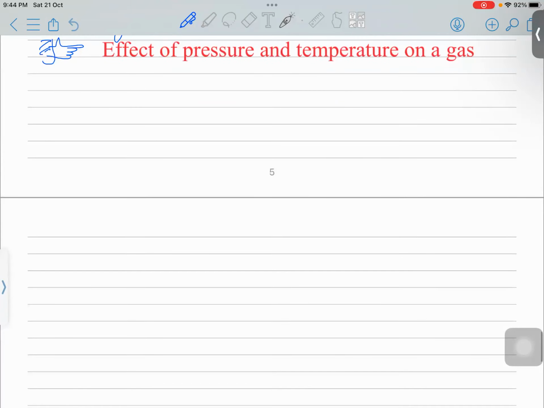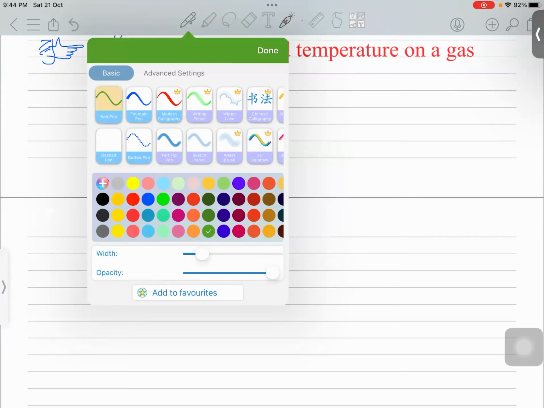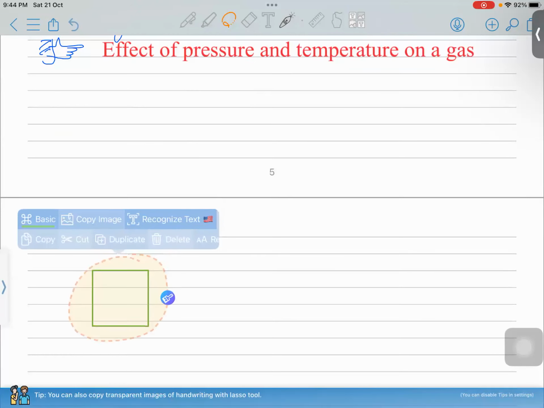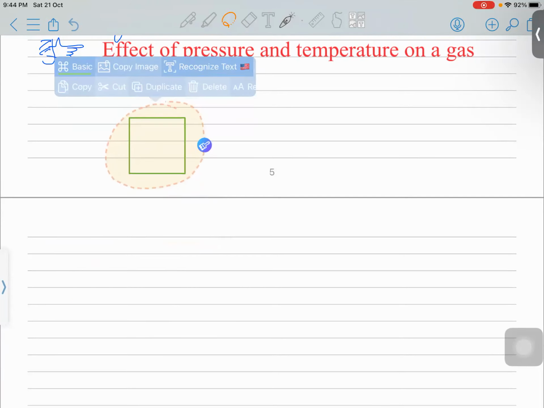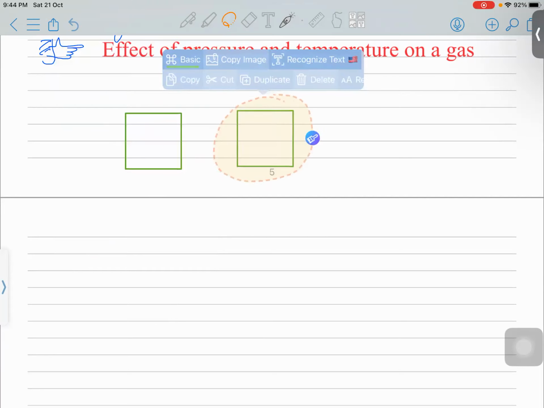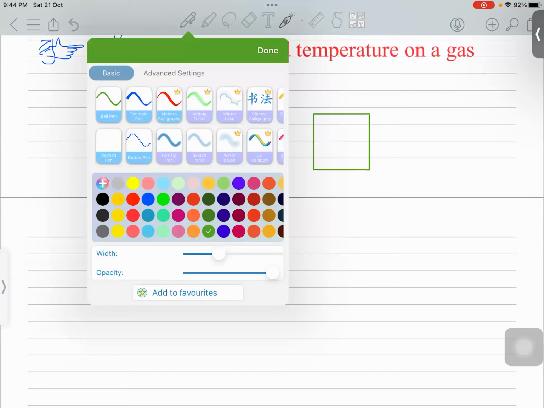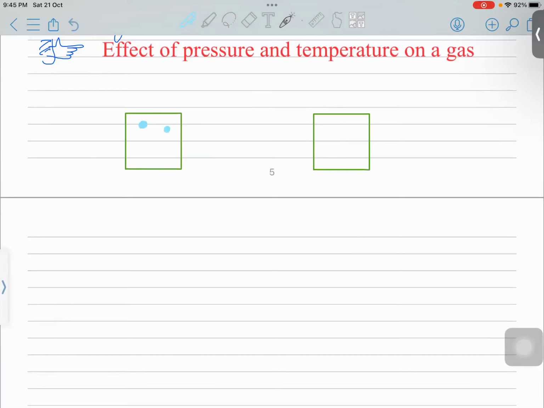Now, look at the container. Here we have gas particles.